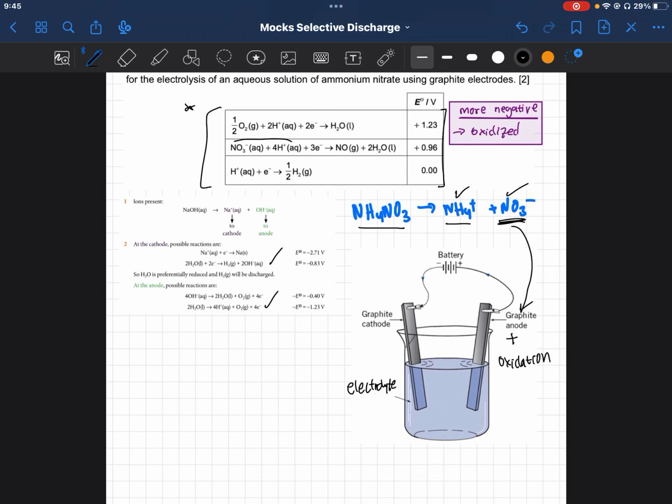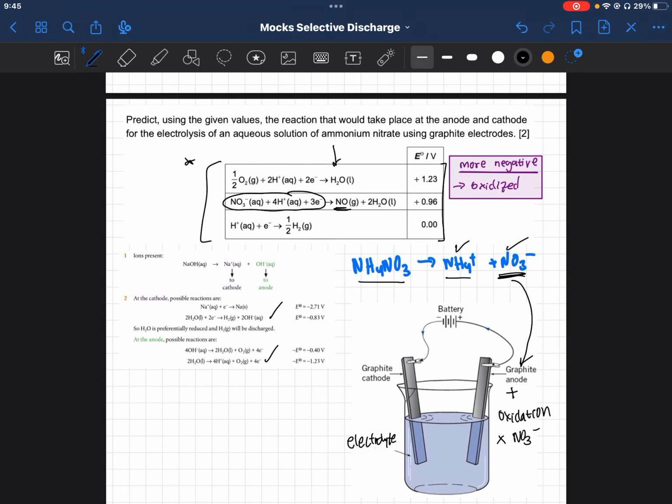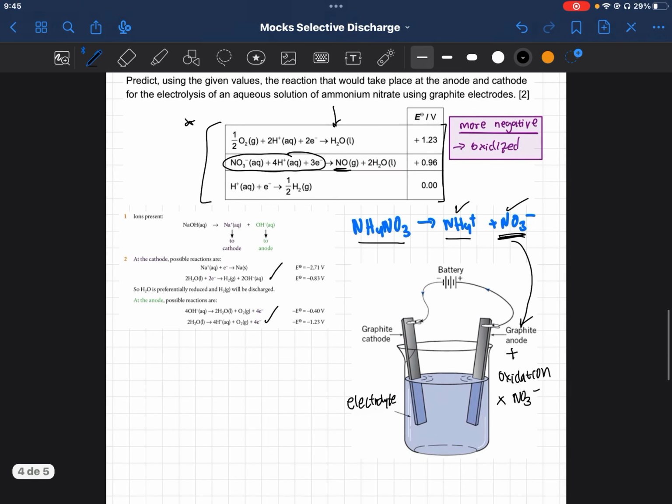I have reduction of NO3 minus, but when I reverse this reaction, well, that's oxidation of NO gas, not NO3 minus. So I don't know anything about NO3 minus oxidation, and I'm only supposed to use the values that they're giving me. So NO3 minus can't be oxidized there.